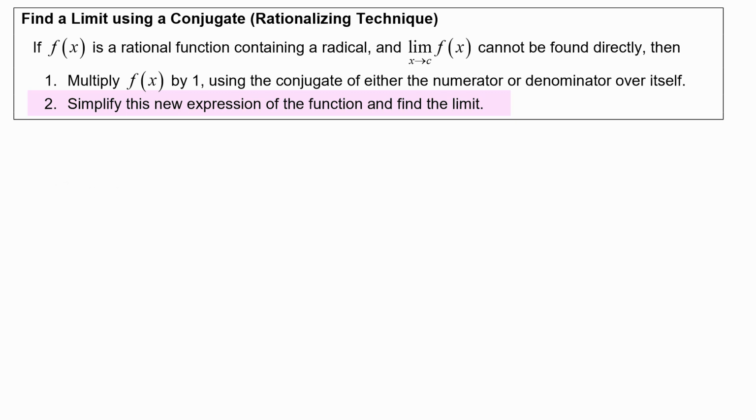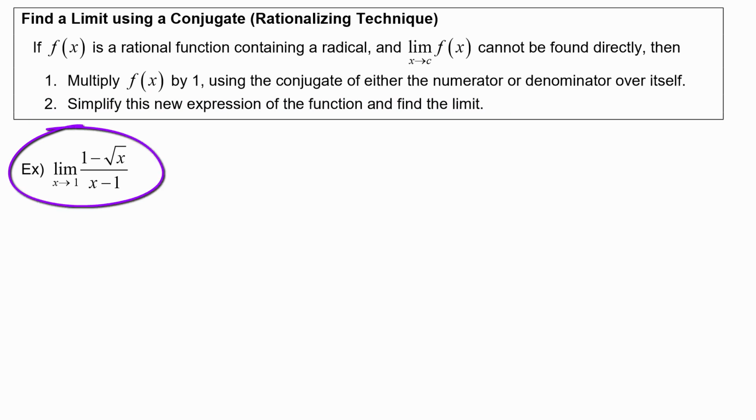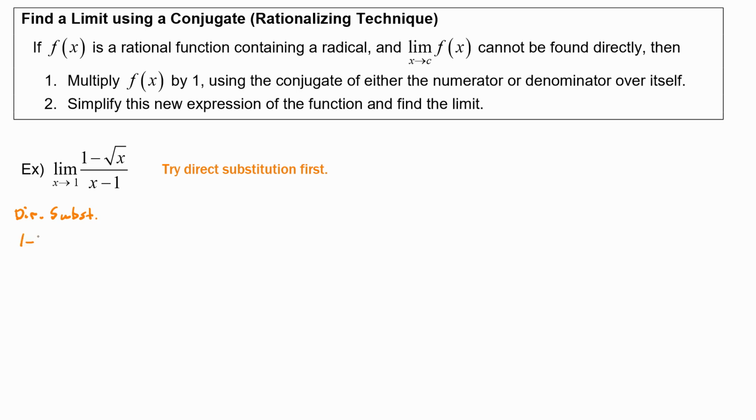Let's work through these steps using an example where we have to find the limit as x approaches 1 of the quantity 1 minus rad x over the quantity x minus 1. If we tried direct substitution, which is always our first effort, if we put 1 into the numerator, we have 1 minus 1.